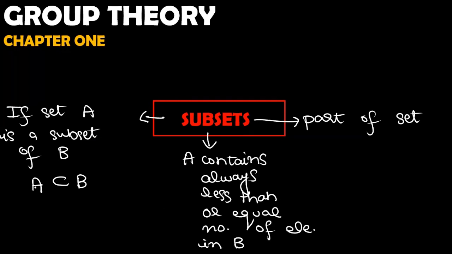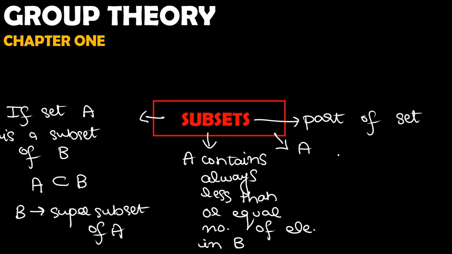It will become a superset. So A is a subset of B, and B is a superset of A. Then you can also say that B contains A.